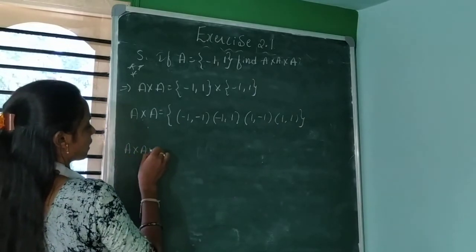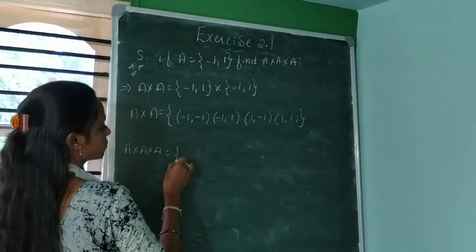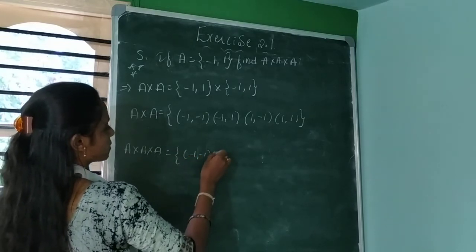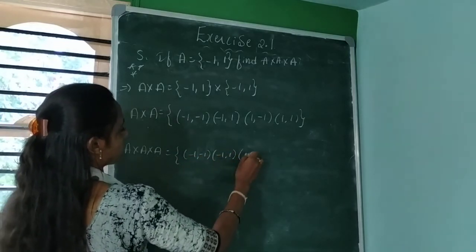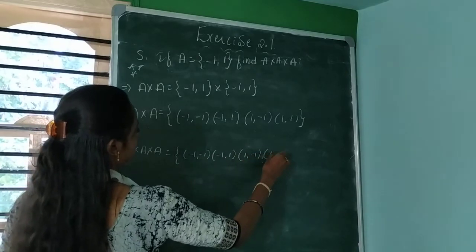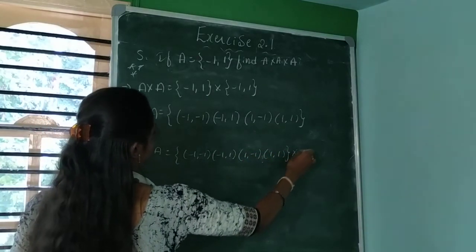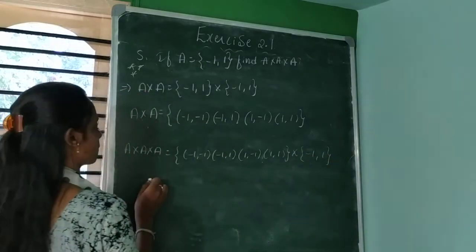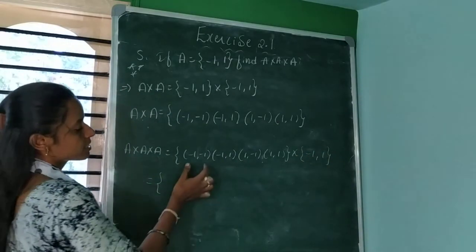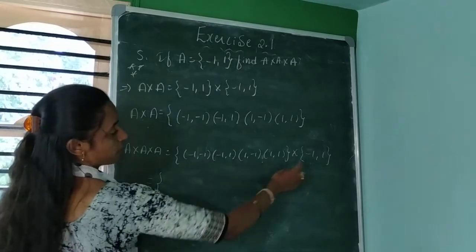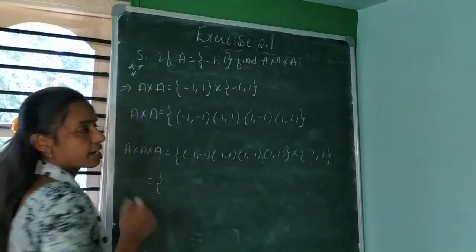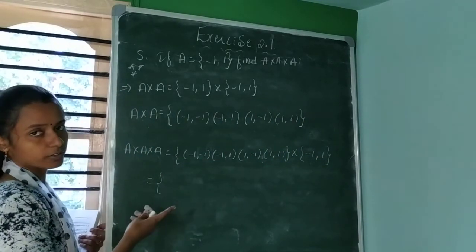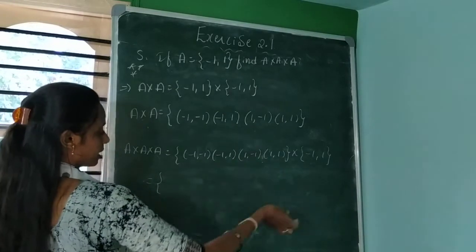A cross A is {(-1, -1), (-1, 1), (1, -1), (1, 1)}. We need to cross this with {-1, 1} now. For each ordered pair, take its elements and then the second set; the same way for all four ordered pairs.